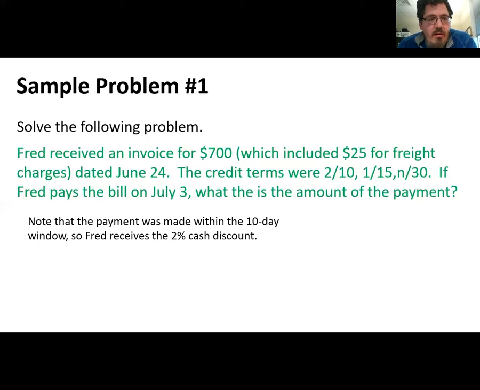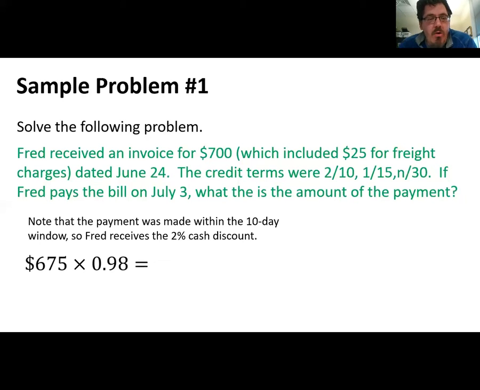So if you go from June 24th to July 3rd, there are 6 days left in June, because June is a 30-day month, and then another 3 days into July. So it's 9 days after the invoice date that he's paying the bill. So he is within the 10-day window. So he's going to, again, receive a 2% cash discount.